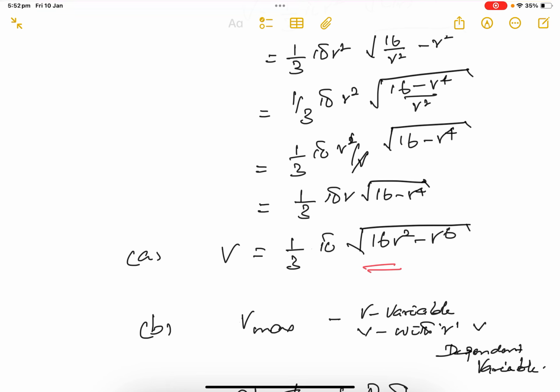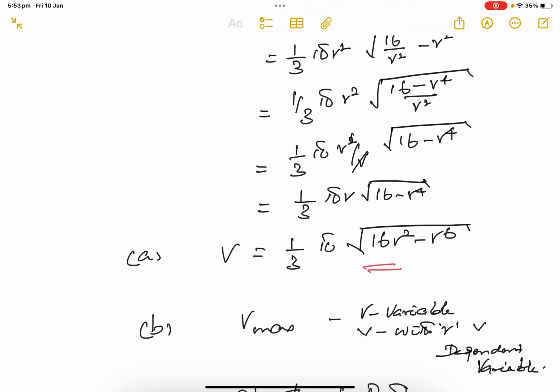Then the r squared in the denominator, if you take it out of the root sign, becomes r. So 1/3 pi r squared divided by r, inside the root 16 minus r to the power of 4. R squared, r cancels out. So what we are left with is 1/3 pi r square root of 16 minus r to the power of 4.